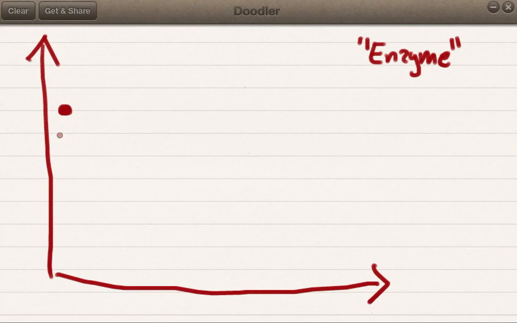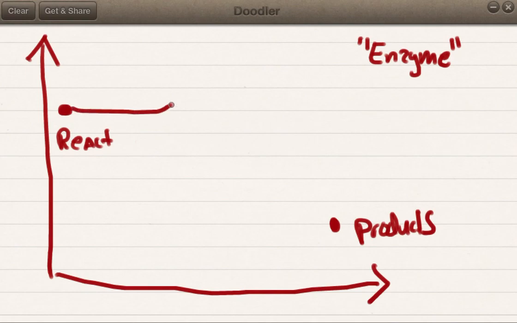So here are my reactants, and maybe my products are down here, and this reaction looks something like this. So you might think that this reaction would occur spontaneously or quite easily in the human body because the products are at a lower energy than the reactants.